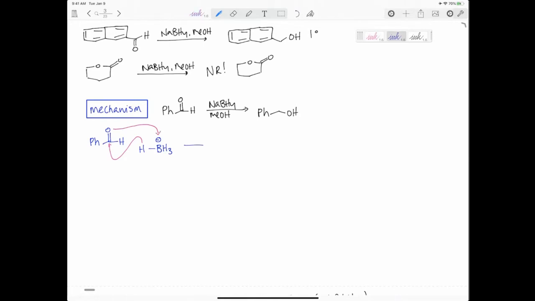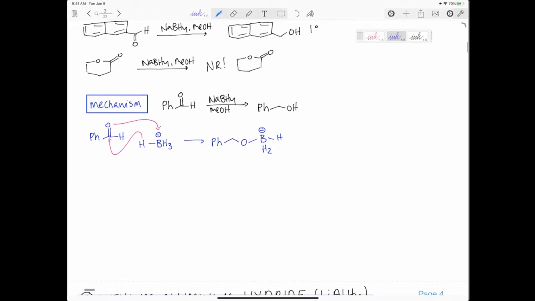Okay, and what we have here is phenol with the oxygen here, because this is an aldehyde, right? And boron with hydrogen, and then H2 here, negative charge. Okay, so what we have is exactly this.